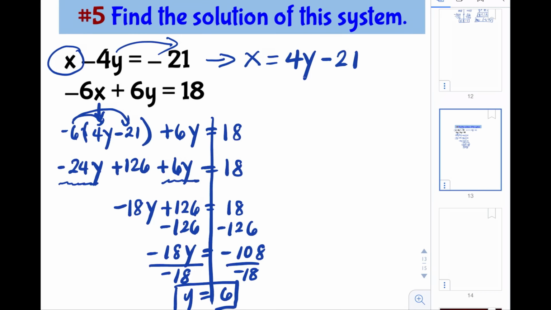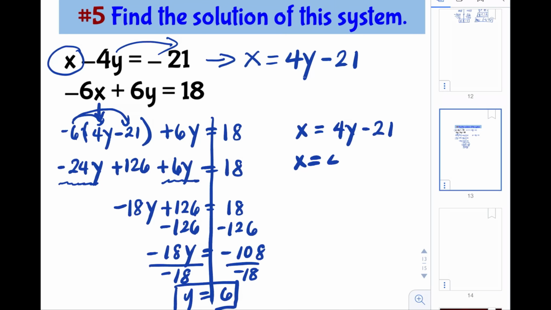And now we can plug in y is 6 either to the first or second equation. So I will use the equation x is equal to 4y minus 21. Also, you can plug it in either to x minus 4y equals negative 21 or the second equation, negative 6x plus 6y equals 18. But of course, it's easier to do this.